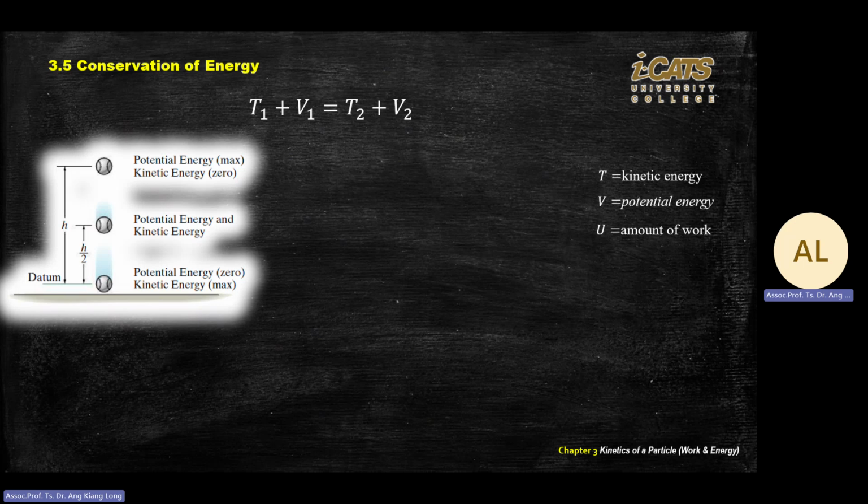Before you drop, no velocity, so kinetic is 0, half mv squared, no v. Then at the middle is half. Then at the bottom, potential is 0 because datum is on the ground, mgh with h equal to 0, but kinetic is maximum because of maximum velocity. And at the middle, h is half.